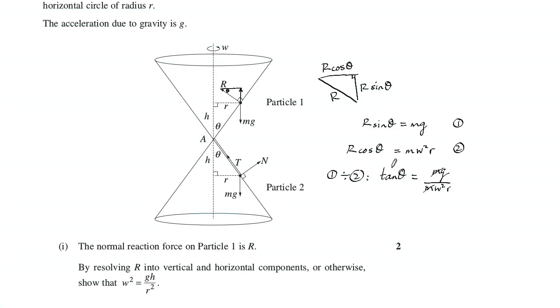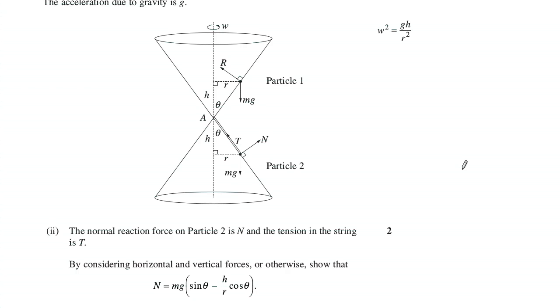And then tan theta, as I said, is r divided by h. And then you can just rearrange this to find w squared. So just multiply both sides by w squared and divide both sides by all of that, and that gives you gh over r squared.